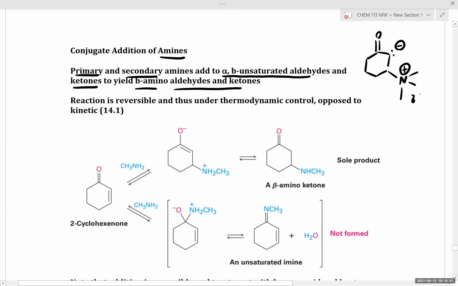So if we have a tertiary amine and it adds in a 1,4 fashion, what's the problem here? Why aren't we able to isolate the addition product when you have a tertiary amine? What do we notice about this tertiary amine? Is it a good or bad leaving group? What do we think?